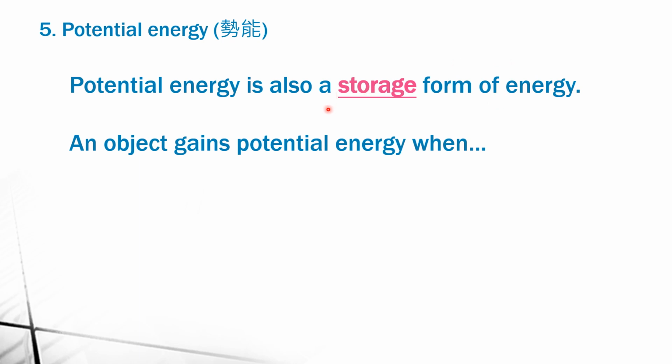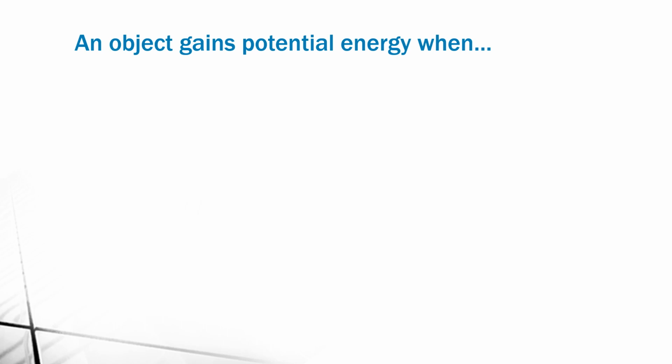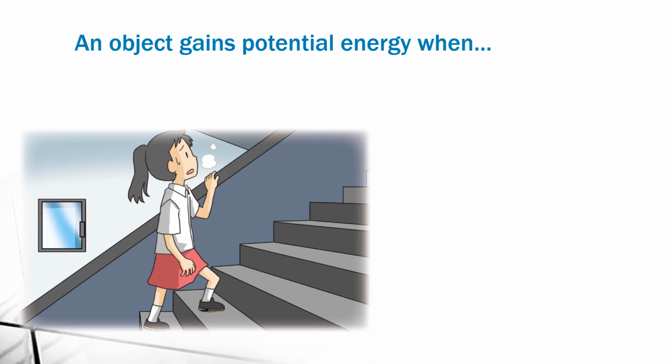Now, there are actually many different kinds of potential energy. Here will be two typical examples for an object to gain potential energy. The first example you can gain potential energy is this case.